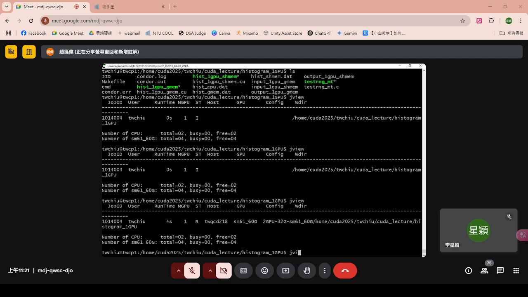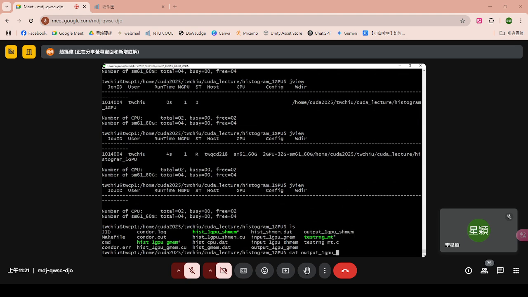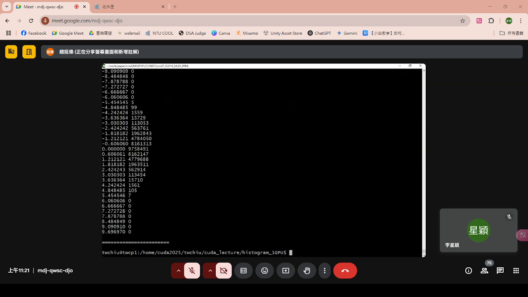It should be done already. Yeah, done. So let me look at the output using the shared memory.